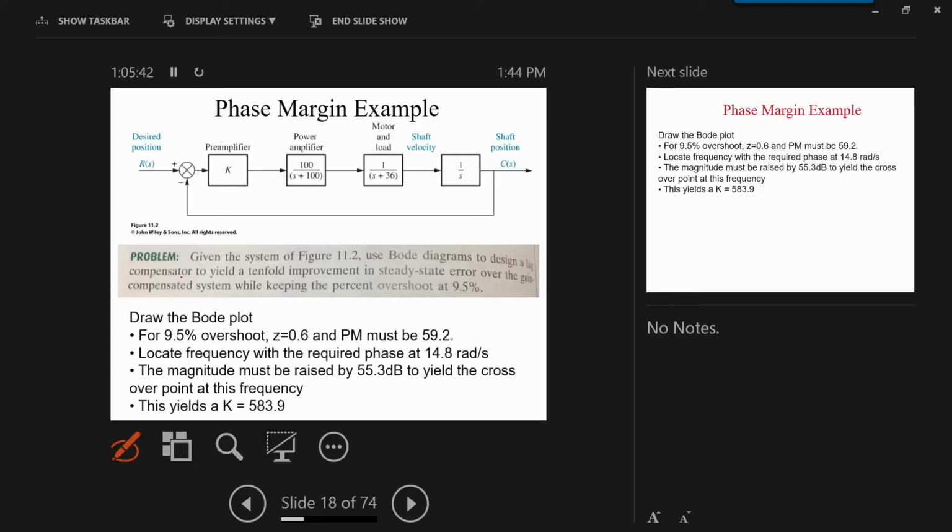And this is 1. Let it be 0.01. Why? There is 100 here and 100 in the numerator. Okay, so this is the system. This is my transfer function. You see it here?